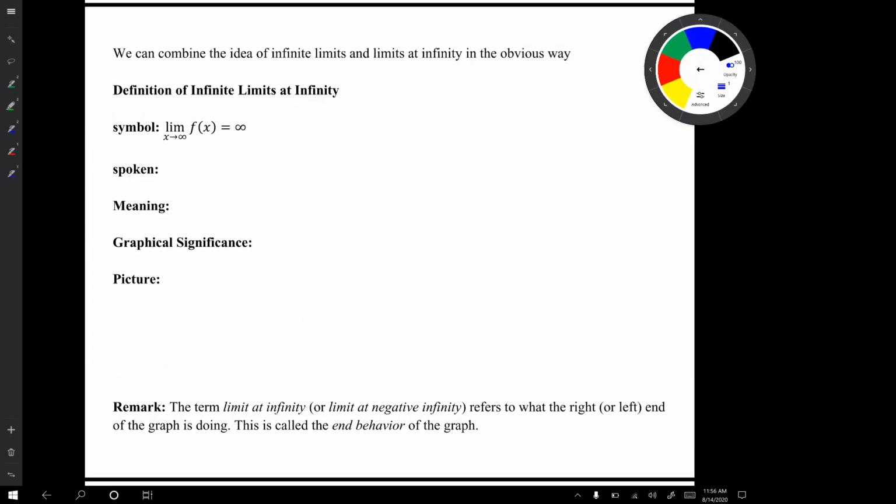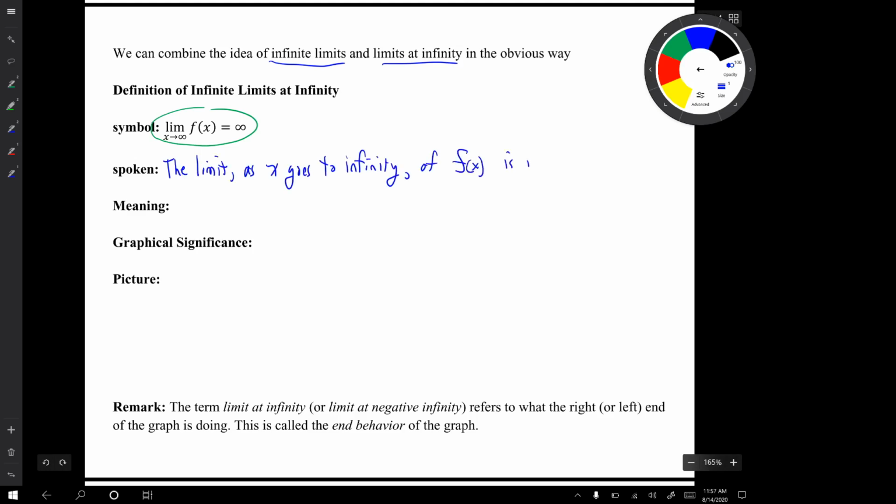We can combine the idea of infinite limits and limits at infinity in the obvious way, using this symbol. This is spoken, the limit as x goes to infinity of f of x is infinity. And the meaning is what you would think.